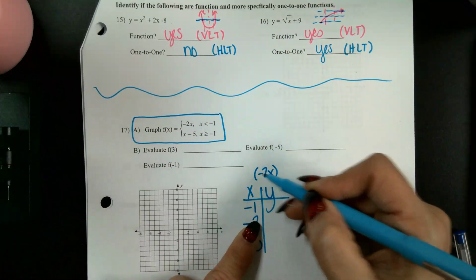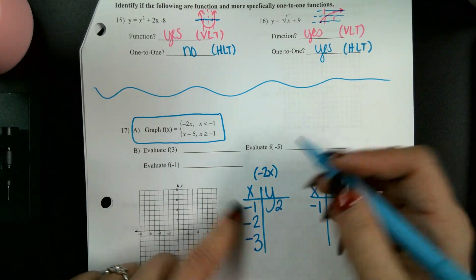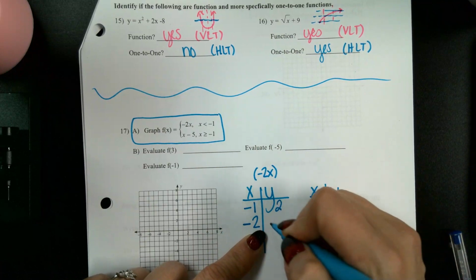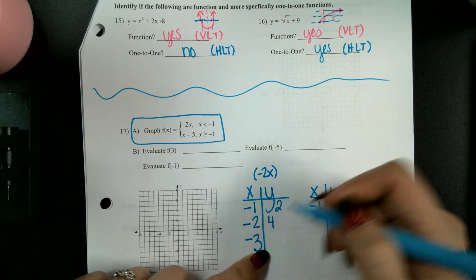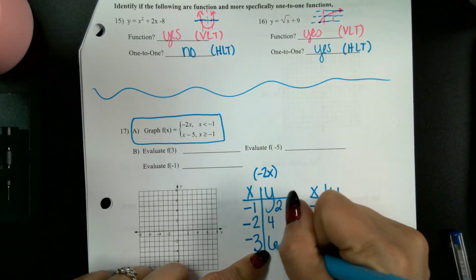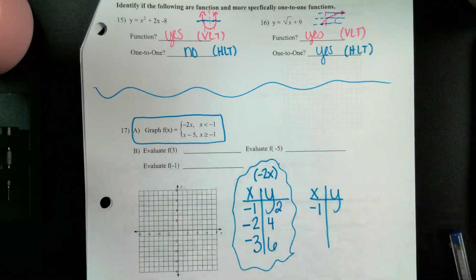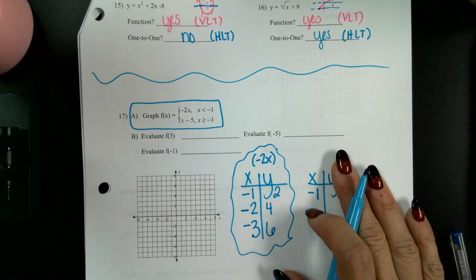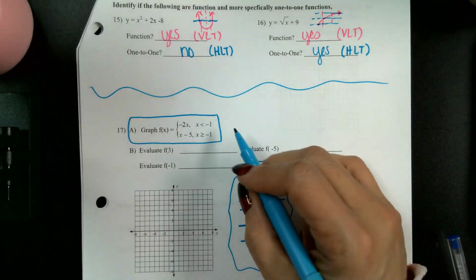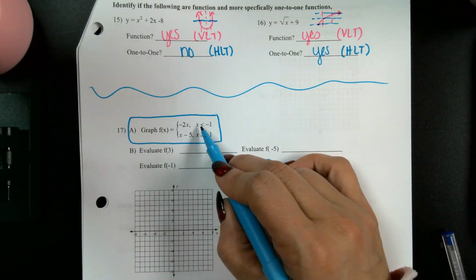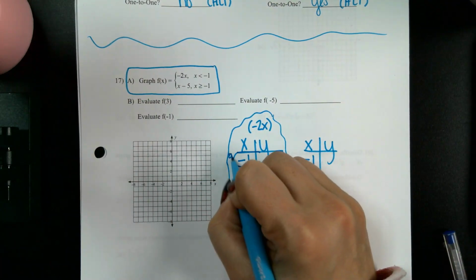Okay, so I'm going to do negative 2 times negative 1, 2. What's negative 2 times negative 2? 4. And then negative 2 times negative 3. 6. The other thing I want you guys to look at, this symbol right here does not have an equal sign, which means that this first ordered pair is going to be open.